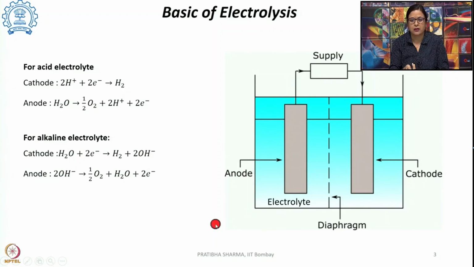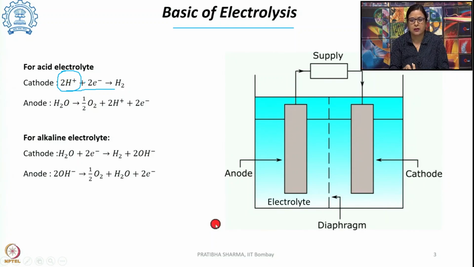Okay. This is the basic working principle of the electrolysis. For acid electrolyte, acid electrolyte means the availability of H plus is high. In the cathode, the reaction is very important.